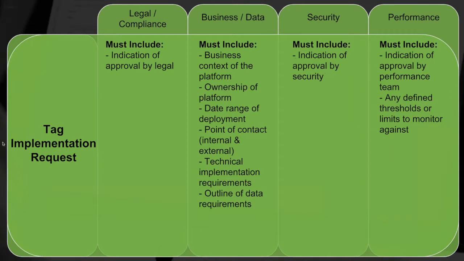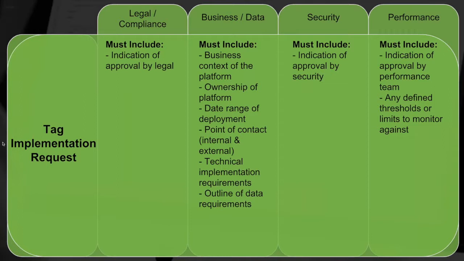Following the technical review, in order for a tag to make its way through that tag governance process, it needs to be signed off by each of those different parties. So legal and compliance just need to give an indication of approval within that tag implementation request. Same thing with security, same thing with performance. That's pretty straightforward.